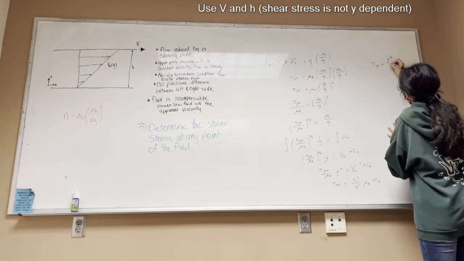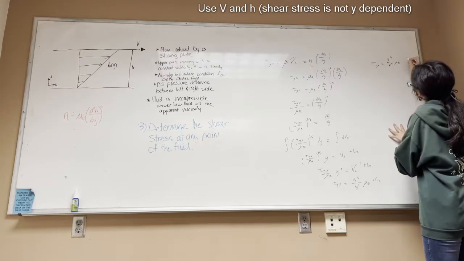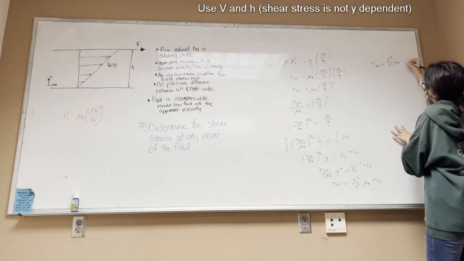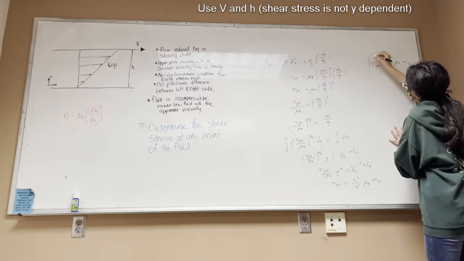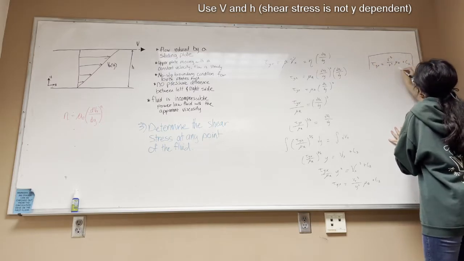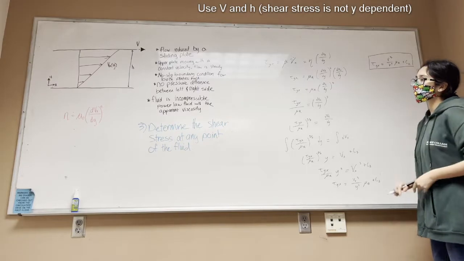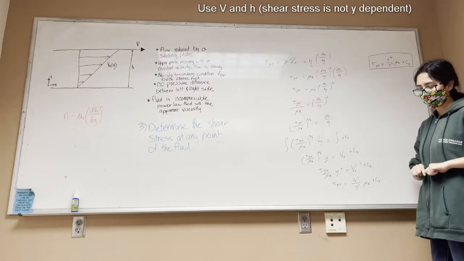So in the end, you should have v cubed over h cubed times mu naught plus c2, which is again an unknown constant, and that is what your shear stress would be at any point of the fluid.